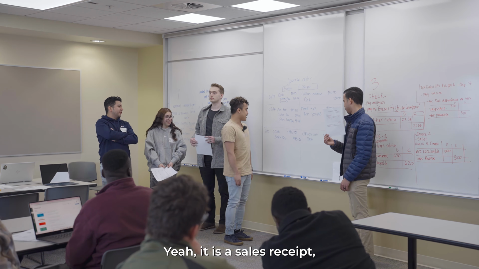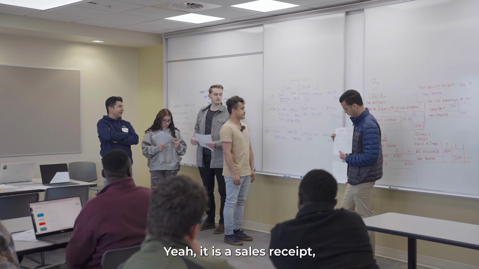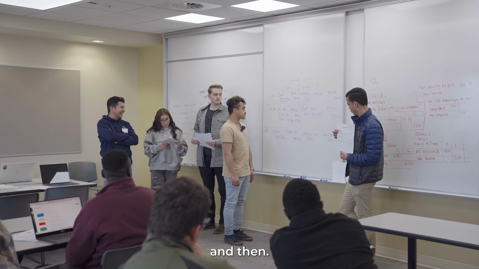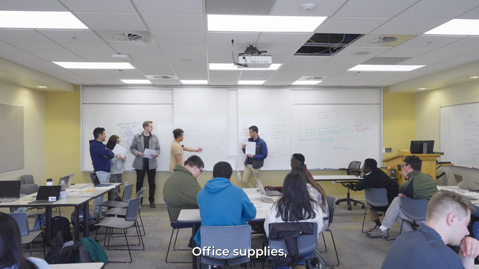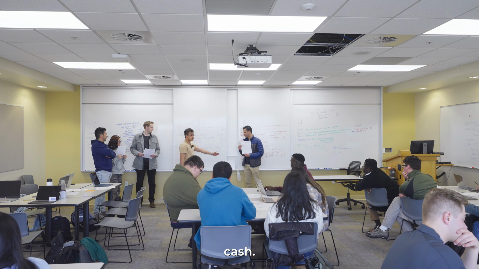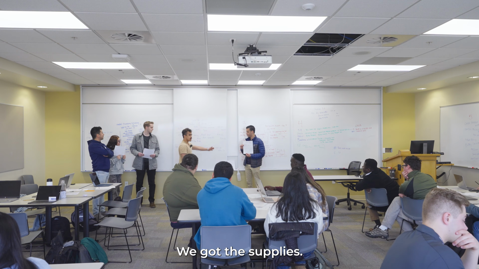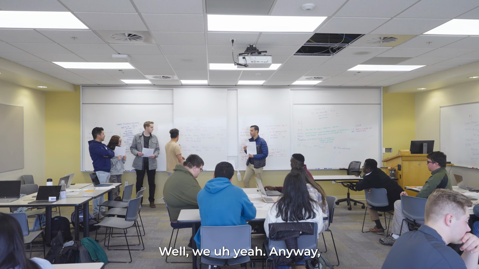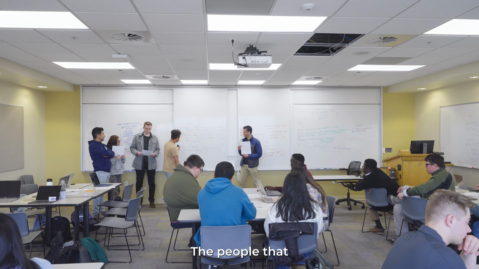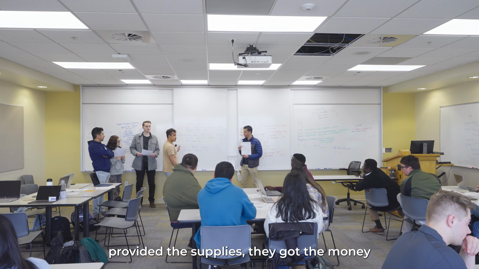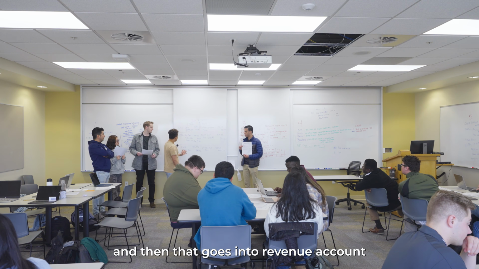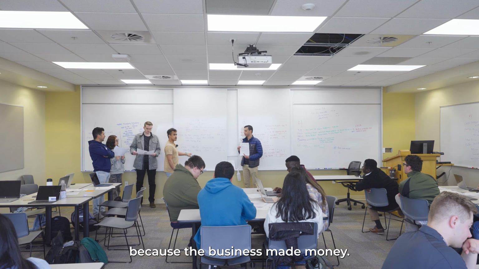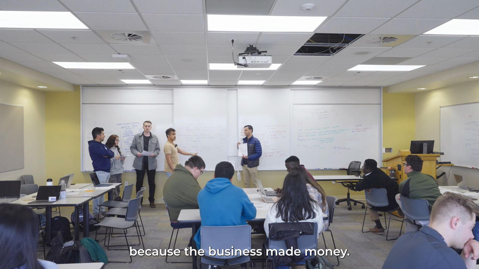Yes, it is a sales receipt, for office supplies, cash. We got the supplies, and because we got it, we lost some cash. The people that provided the supplies got the money, and that goes into the revenue account because the business made money.